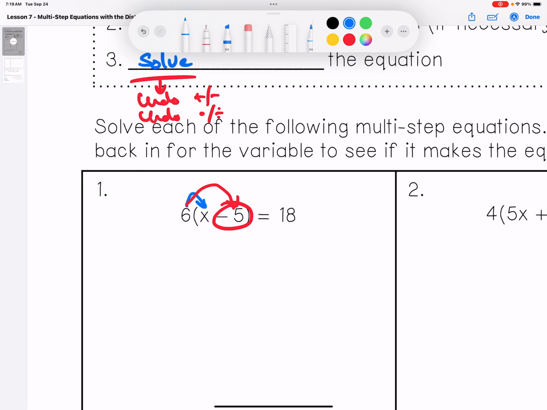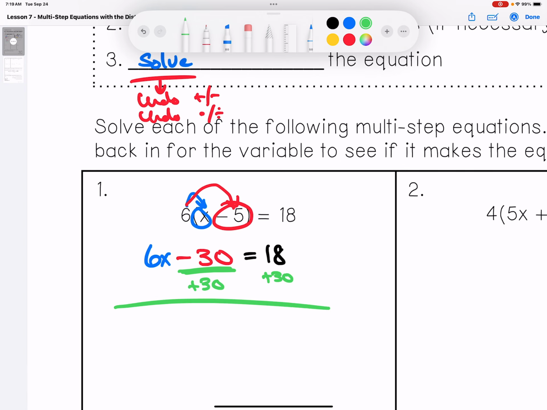All right. So we have 6 times x, which is 6x. In red, we have 6 times -5, which is -30. The 18 we didn't touch yet, so let's just bring that down. Next, we have to get the underlined green part over to the other side to combine with 18. How do we do that? We do the opposite, which is 30.